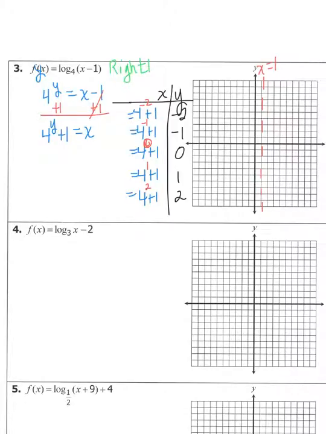Okay, so 4 to the negative 2 plus 1 is 1.06. And then 4 to the negative 1 plus 1 is 1.25. 4 to the 0 plus 1 is 2. 4 to the first plus 1 is 5, and 4 to the second plus 1 is not, no, it's not 9.